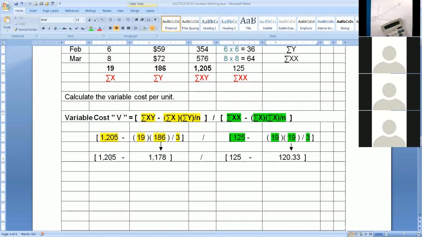Okay, then $1,205 minus 178 equals 27. 125 minus $120.33.